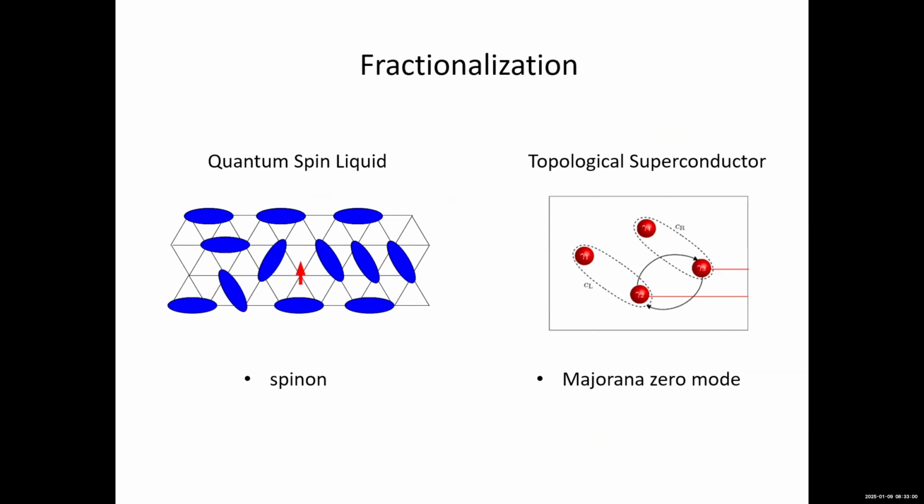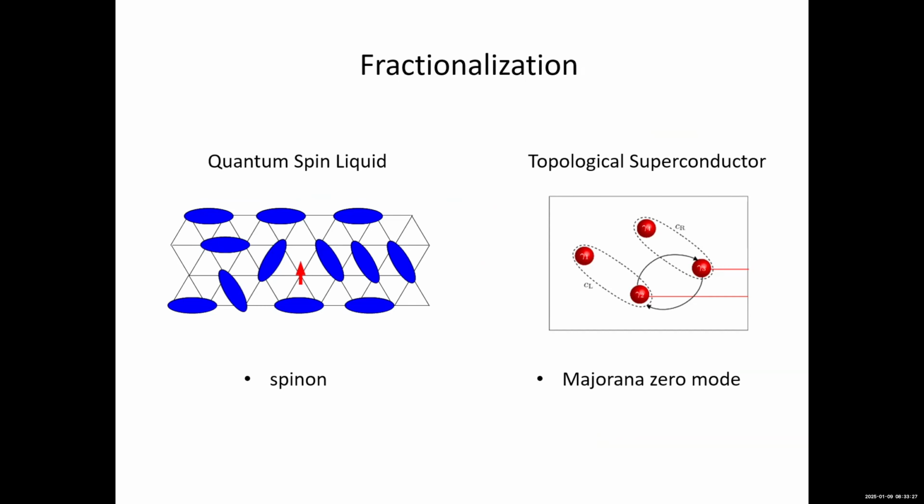However, in the presence of vortices, they carry these so-called zero-energy modes, known as Majorana modes. And in this case, a single quasi-particle can fractionalize into a pair of spatially separate Majorana modes. So in other words, Majorana modes can be thought of as half of a fermion. So basically, we see that there are various types of quantum number fractionalization in the insulating states.